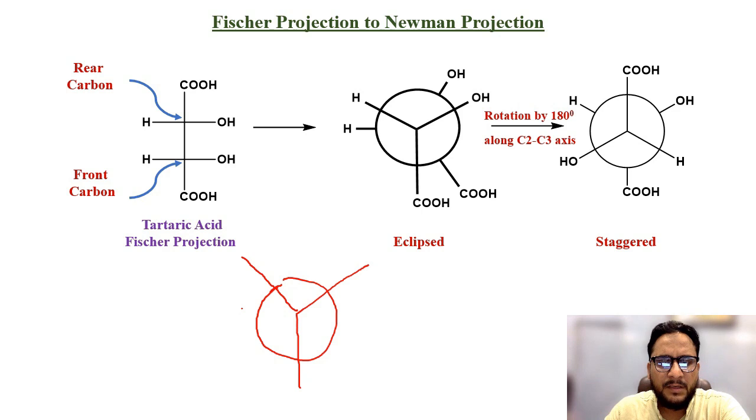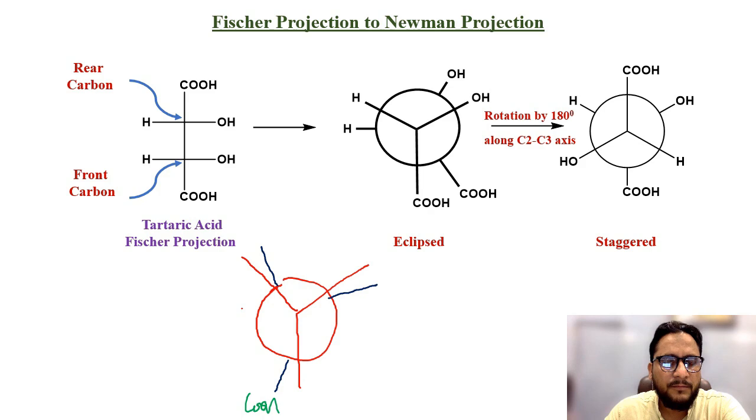Then another Y is to be drawn in the eclipsed position. Since it is the rear carbon, it is not visible completely, and all the bonds are not visible completely. The groups at the top and bottom should again be written over here.